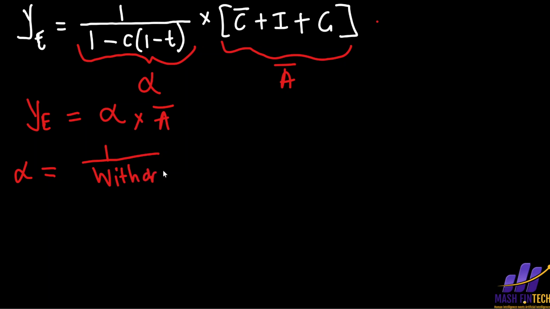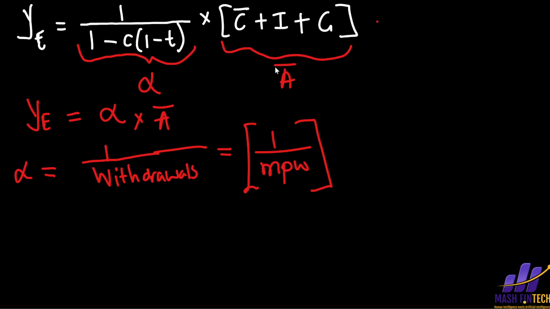Your withdrawals are the same as the leakages. So I would say the multiplier is given by 1 over the marginal propensity to withdraw. This is what I would do.